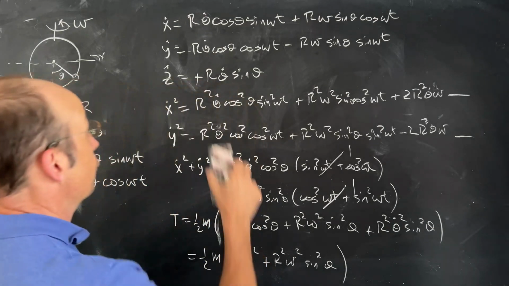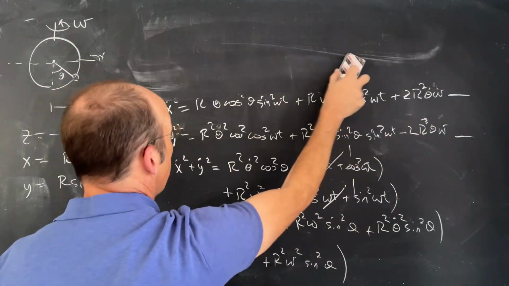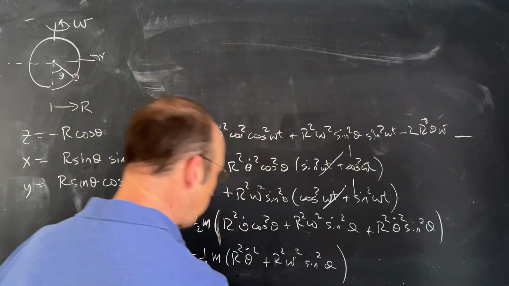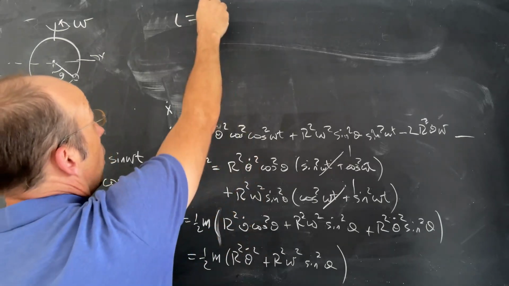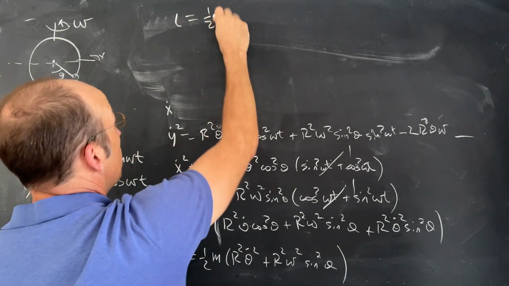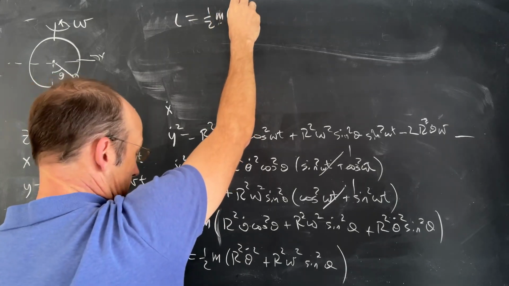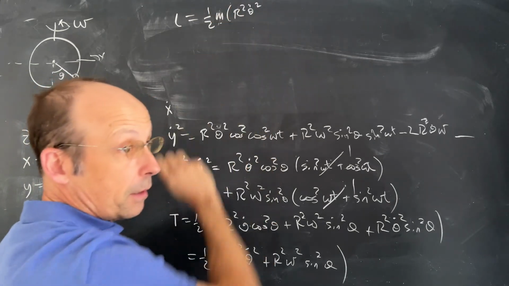Okay, now let's write the Lagrangian. I can do that in one fell swoop up here. L is T minus U, so it's going to be this 1/2 m r squared theta dot squared plus r squared omega squared sine squared theta. Did I run out of room?